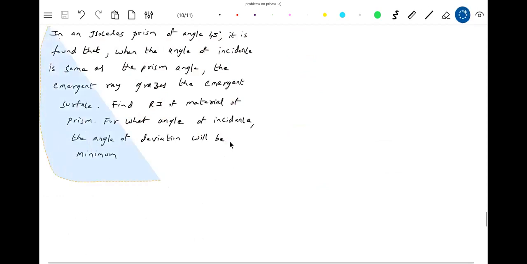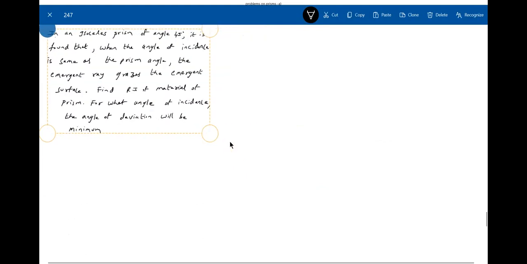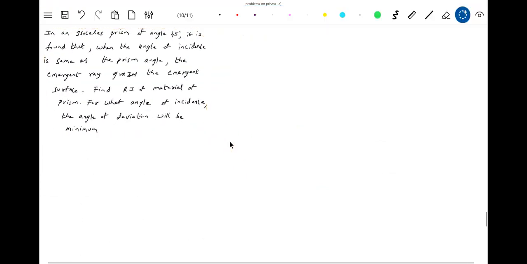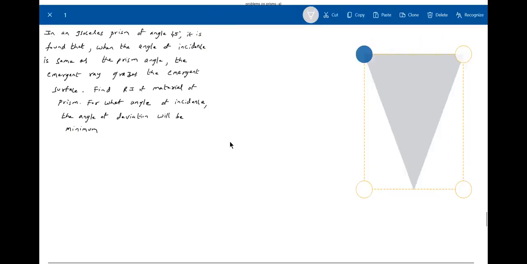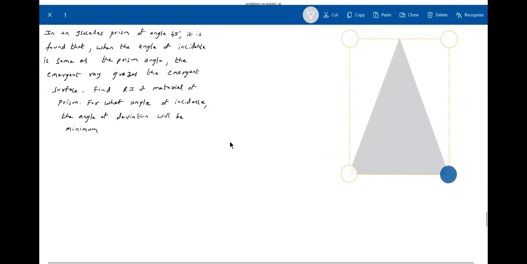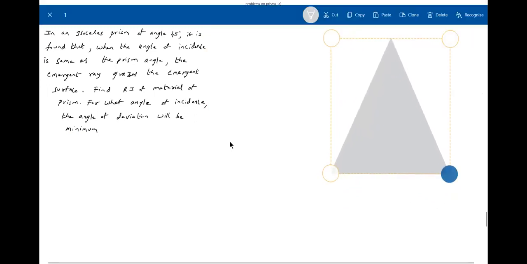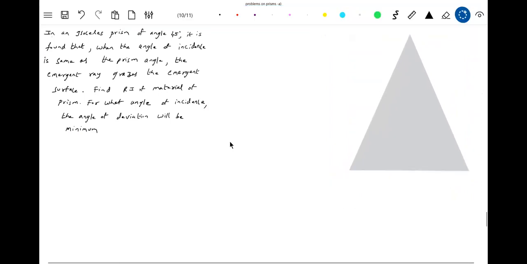Grazes. You see that? Isosceles. Isosceles, angle of prism.